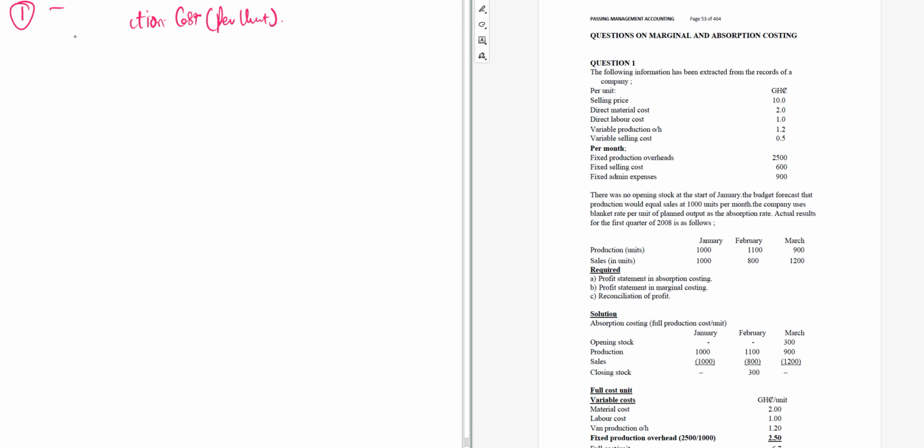If you like, you wouldn't start with the full production cost, but with the units of stock available, so the stock movement. Sometimes I decide to find the statement of stock movement first. That's what I usually do in most questions.